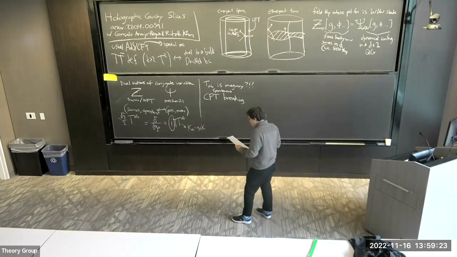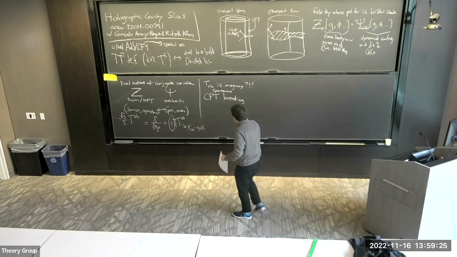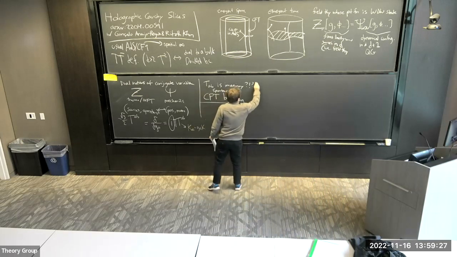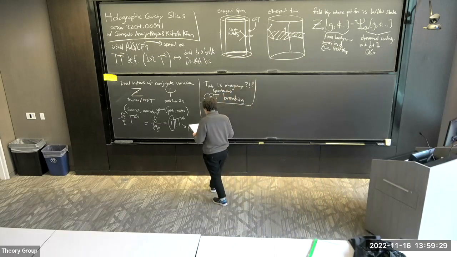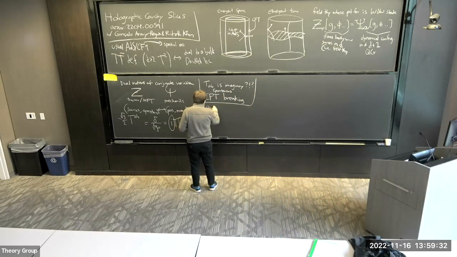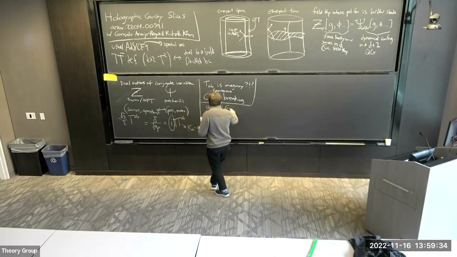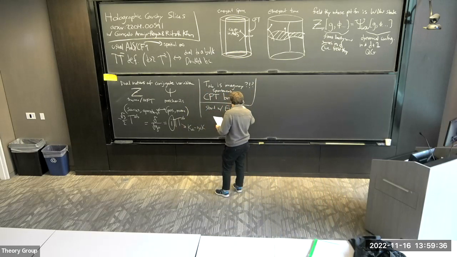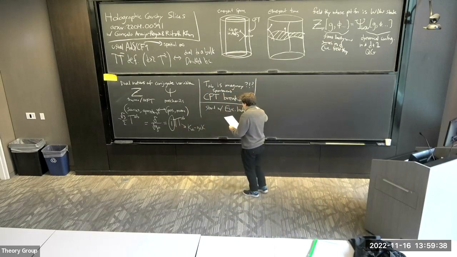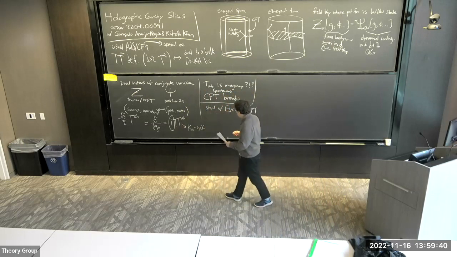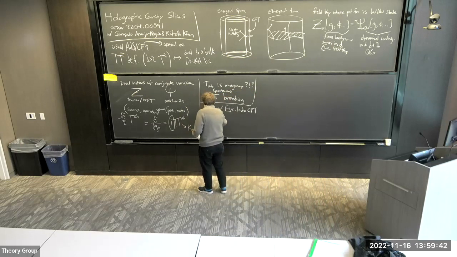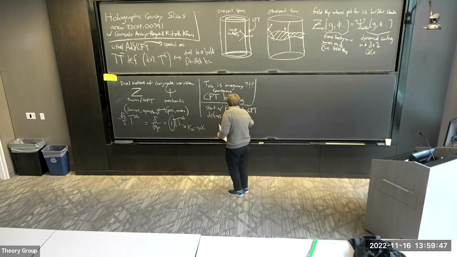Okay, so what I want to do to show this effect is start with a Euclidean, Wick-rotated holographic CFT, defined using a metric g_{AB}.